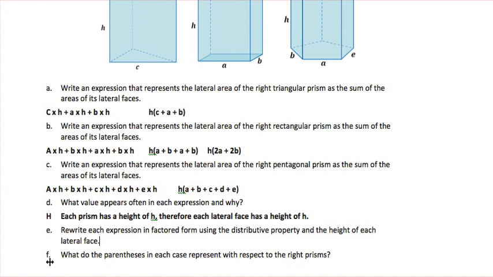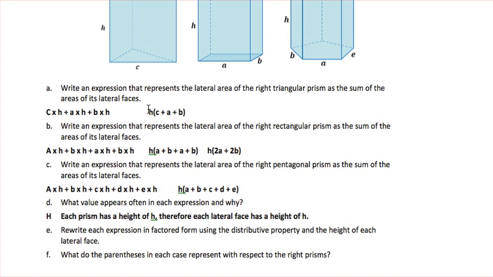And then question F asks, what do the parentheses in each case represent with respect to the right prisms? The stuff inside the parentheses represents the perimeter of the base.